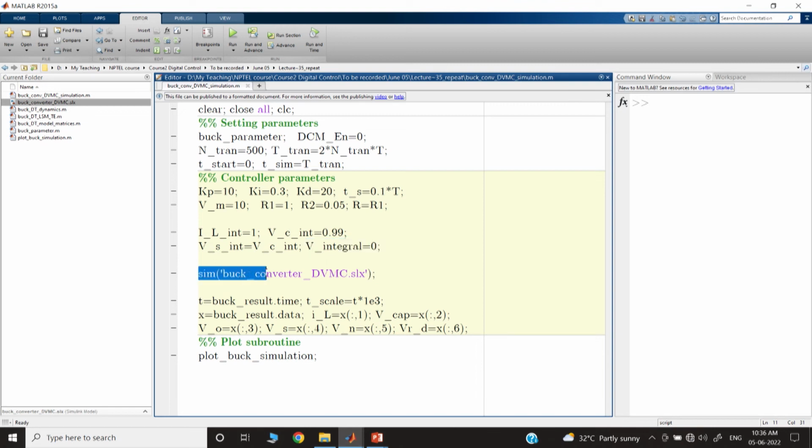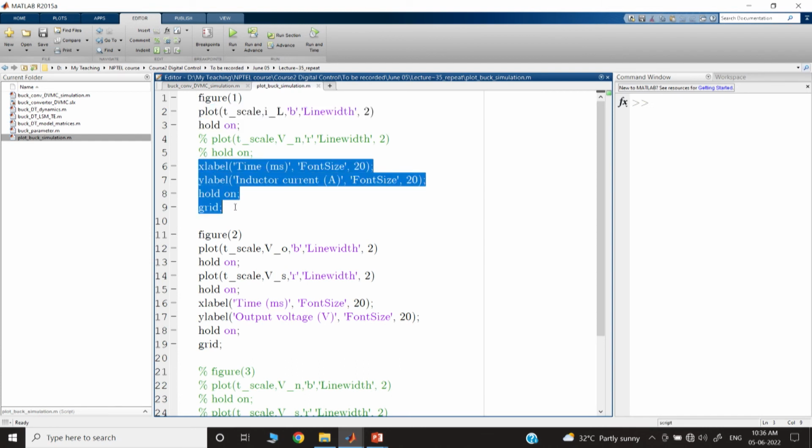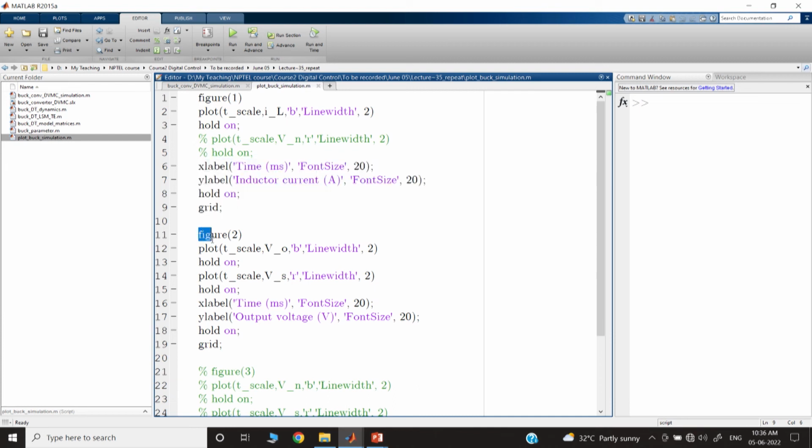Then we are running the simulation through that code, and then we are storing the data, and that we have discussed, and the plot command. If you go to the plot command, you will see in figure 1 we are plotting the inductor current, we are just labeling it. Then figure 2 plots the output voltage as well as the sample voltage.